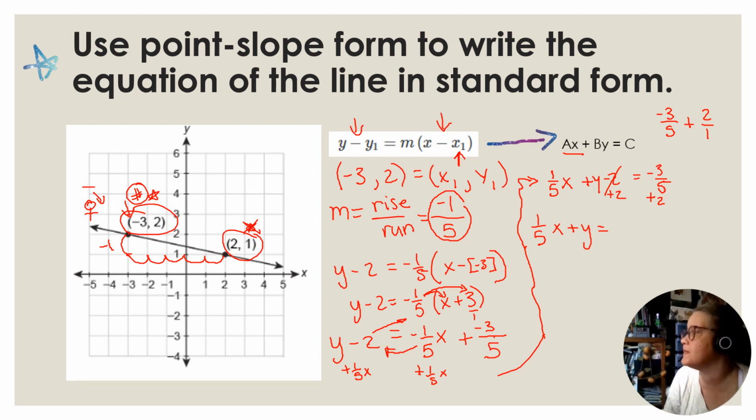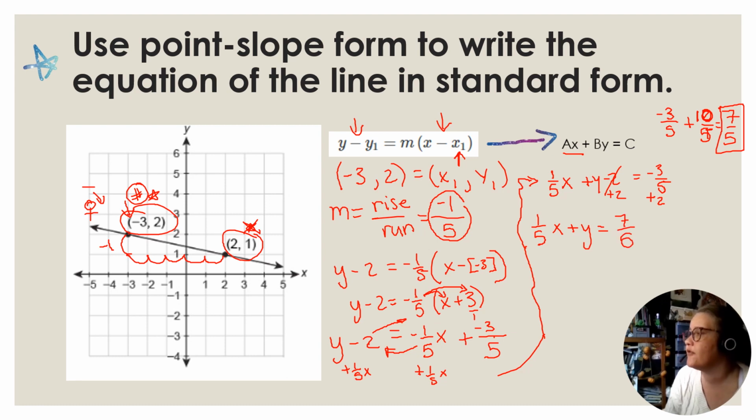I do that by multiplying the top and bottom of my 2 over 1 by 5, which will give us ultimately 10 over 5. If I multiply my 2 by 5, I get 10. 1 by 5, I get 5. And now I can see that I have 7/5 left over at the end. All right, so this will be 1/5 x plus y equals 7/5.